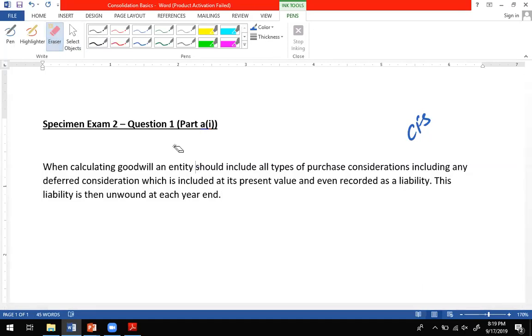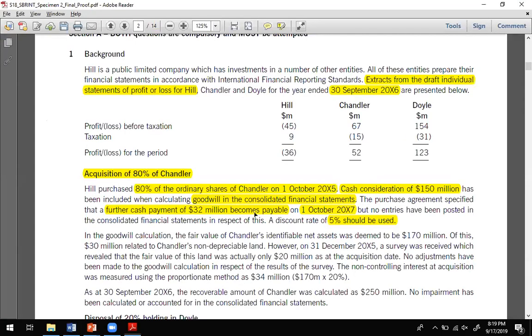And after this, we are going to apply it onto the scenario. So we are going to say that in case of Chandler, Hill, which is the parent company, Chandler is the subsidiary company, should incorporate how much of the amount? It was $32 million payable after 2 years, and the discount rate was 5%.